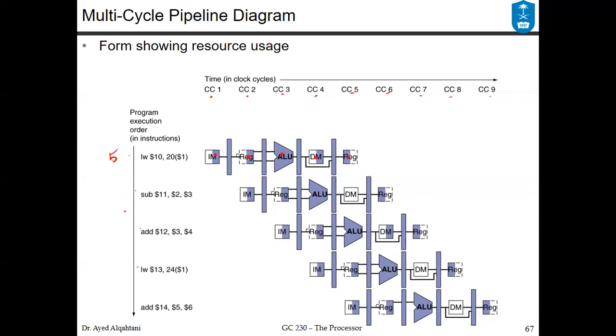And any subsequent instruction will have 1 more cycle. So you have 1 more cycle here, 1 more cycle here, 1 more cycle here, and at the end 1 more cycle. And you can calculate how many cycles you have: 5, 6, 7, 8, and 9. So we have 9 cycles for this code, which is matching what we have here.